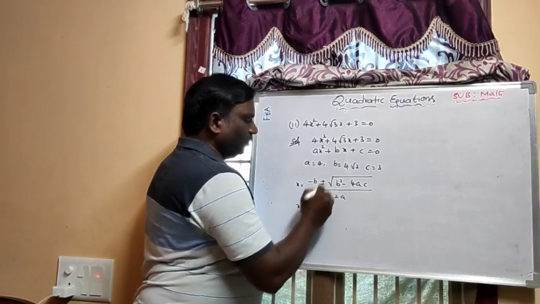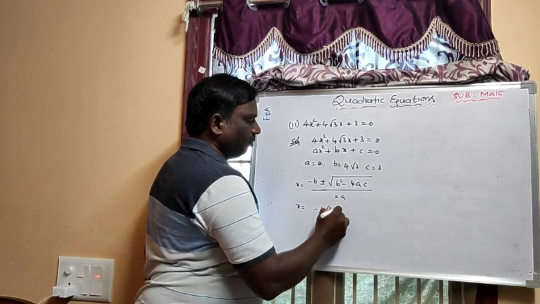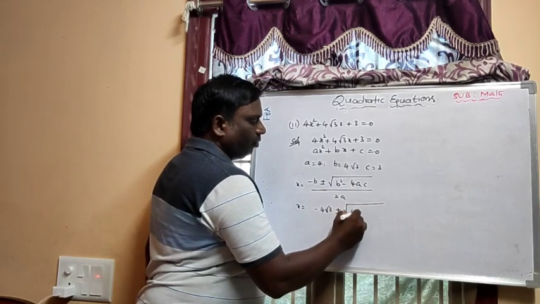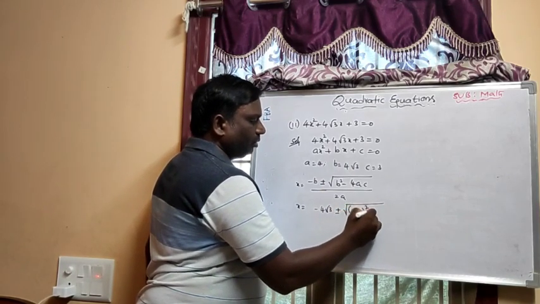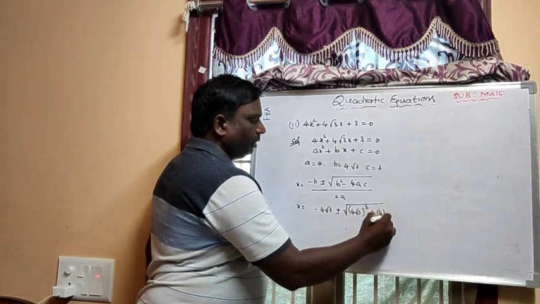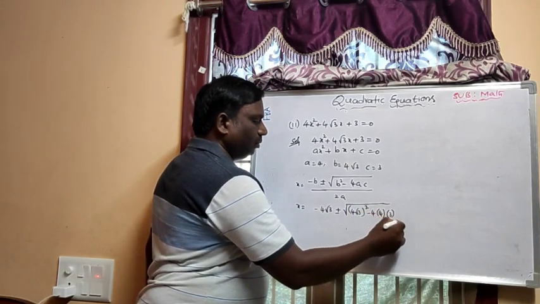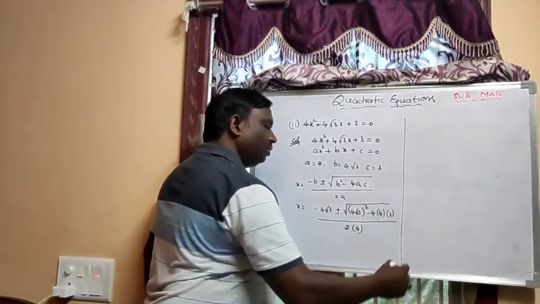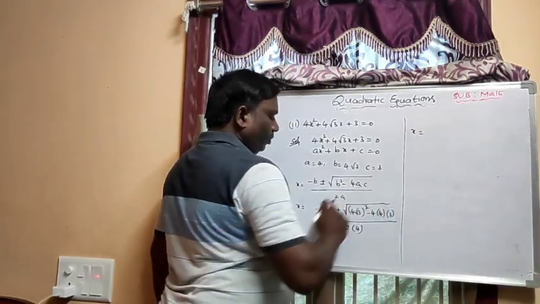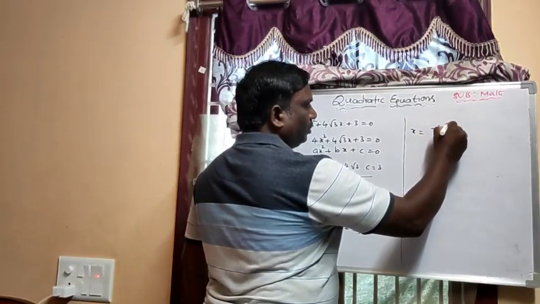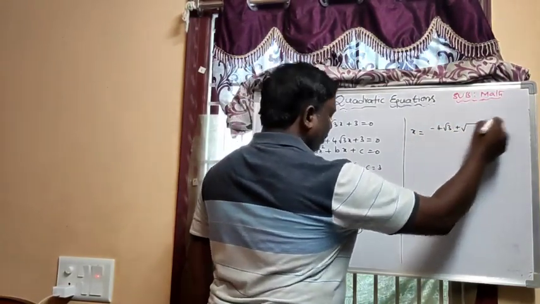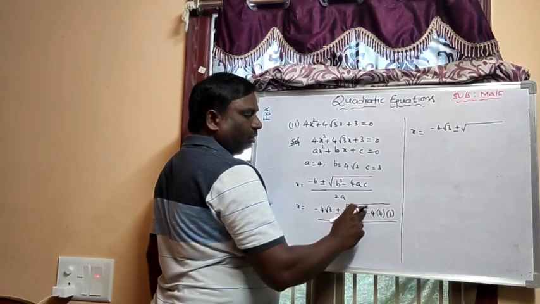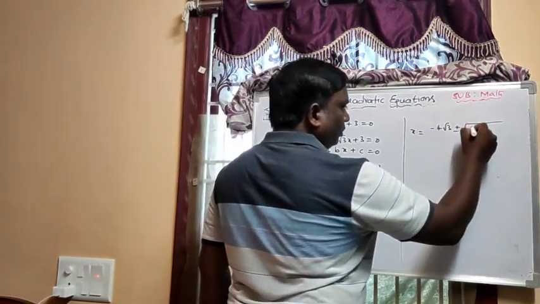So x equal to minus 4 root 3 plus or minus square root of b square, that means 4 root 3 whole square minus 4ac, by 2a. 4 4s are 16, 16 into 3 is 48.